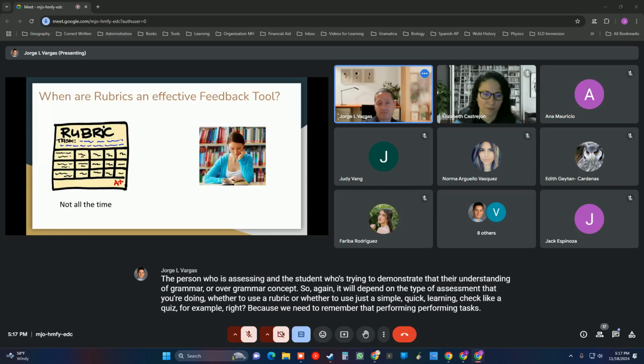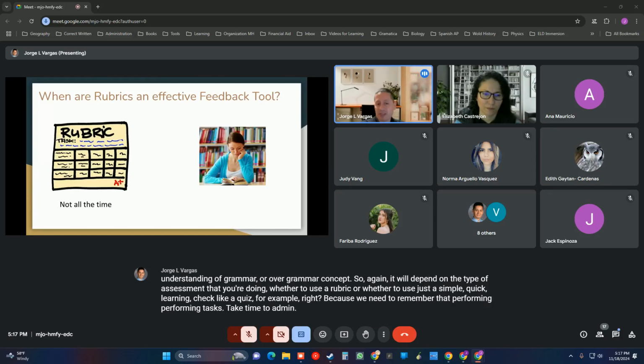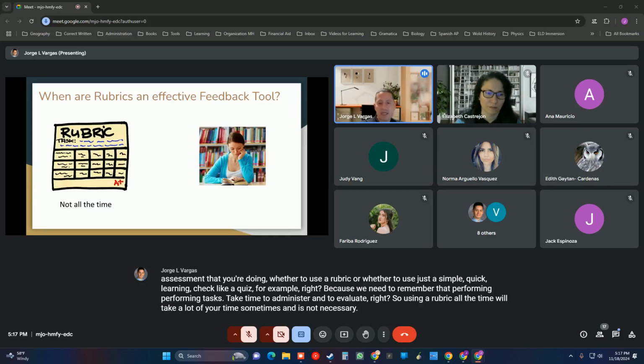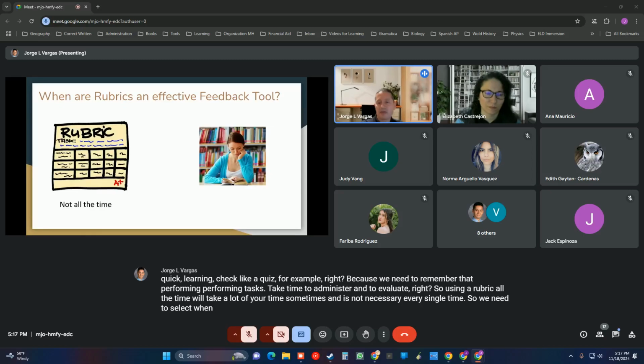For that matter, we need to match the feedback tool to the type of assessment that we want to do. Remember, formative assessments may not require a rubric. A quick quiz, a quick check on how your students are doing while they're rehearsing the language, that's probably good enough.